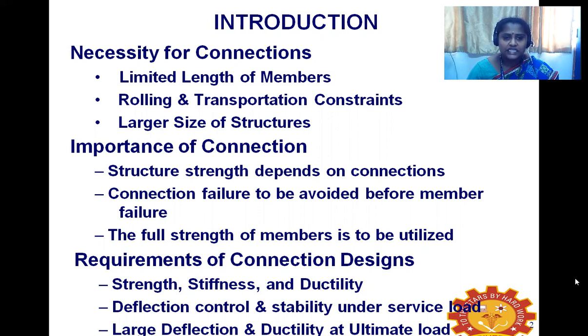Whereas steel structures are not cast monolithically, but have to be connected through an external connecting agent or external connecting element. It can be a bolt or a weld or a rivet, whatever is available or required. So it has to be connected.